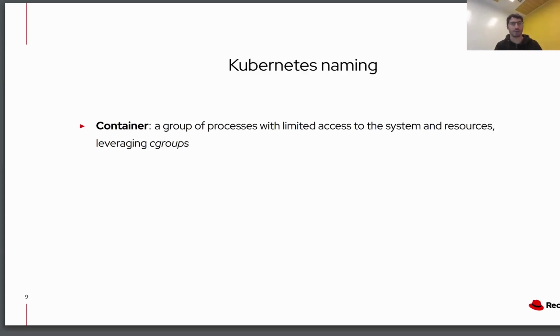If you are aware of how a Unix system works, it has a tree of processes, and what you can do is take a branch of this tree and say, from this point onward, all those processes will be tagged with a certain tag.